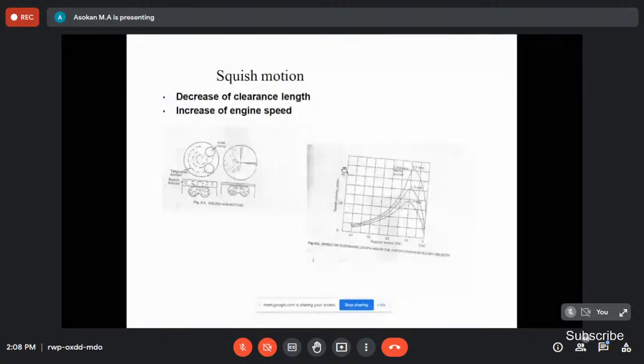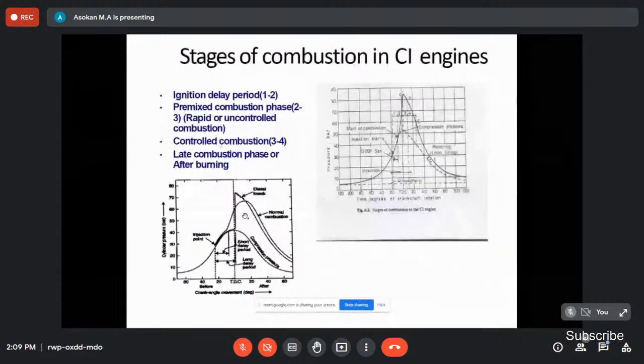When the clearance above the piston is 1 mm, then the velocity is around 35. So like that, we can decrease the clearance above the piston, and we can increase the squish velocity. If we increase the squish velocity, then automatically the combustion rate increases, right?